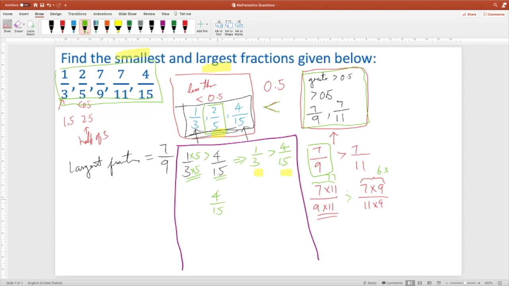The smallest number is going to be 4 over 15. Yes, if it is greater. So because we are interested in finding the smallest fraction, we will pick 4 over 15 for comparison. Now we are going to determine which one is greater.